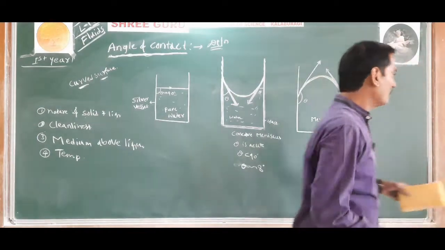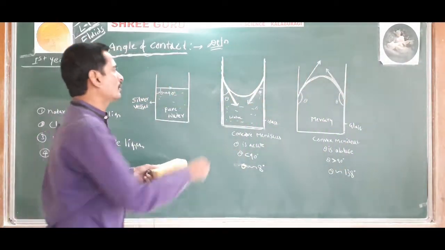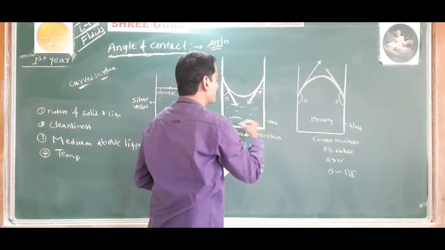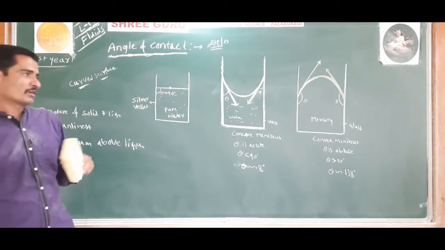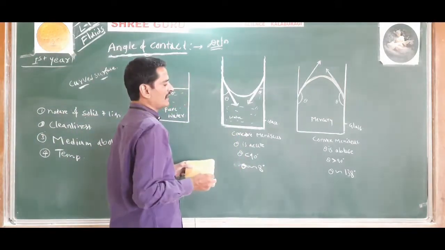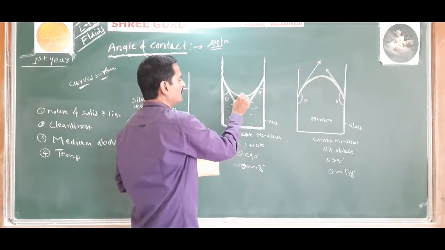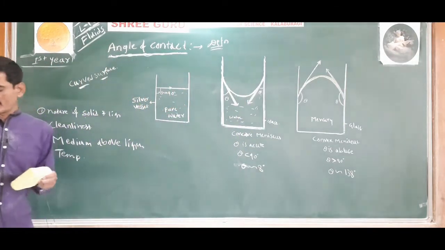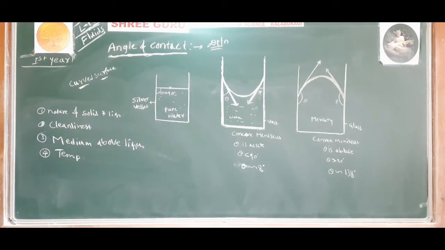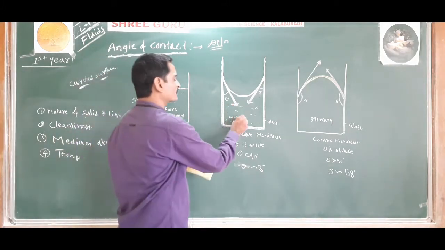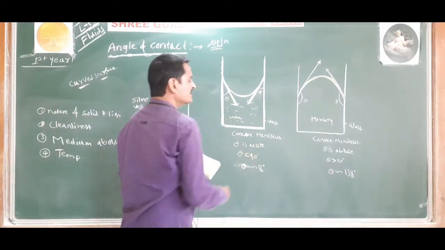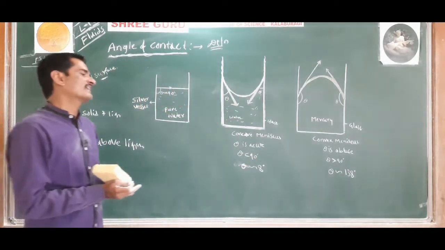Okay, so now let us consider this diagram. Here, when water is poured in a very fine bore of a glass tube, we observe that the angle of contact between water and glass is acute, that is, less than 90 degrees.